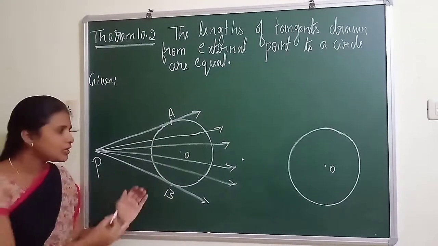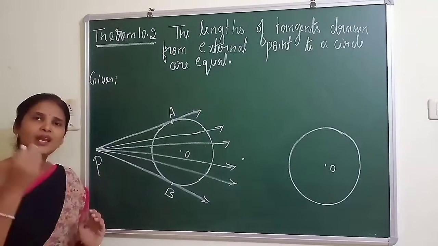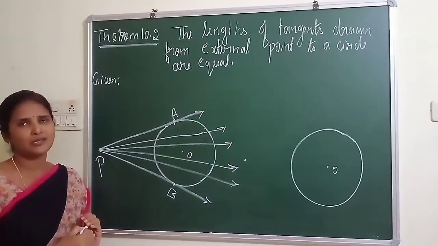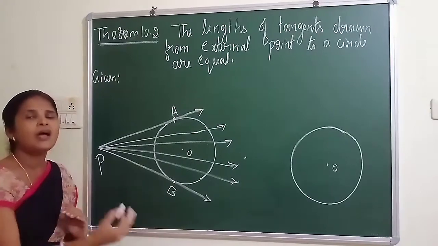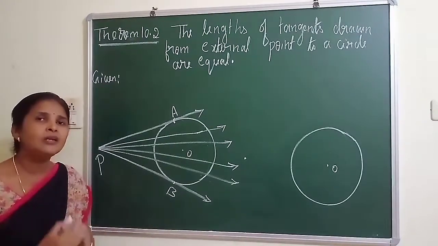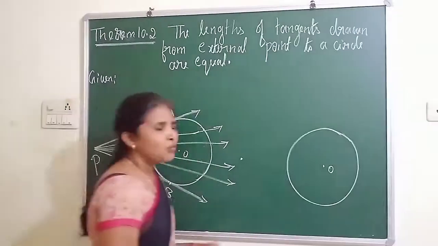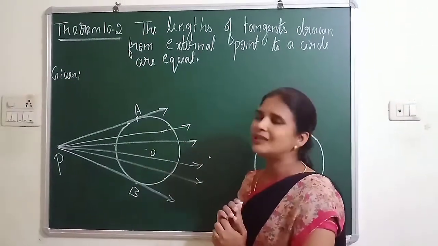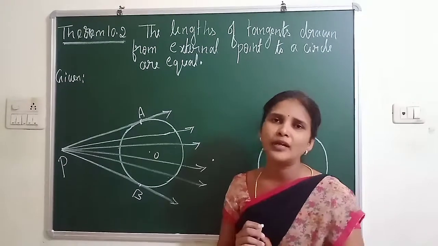So I can conclude with a small activity that from an external point to a circle, I can draw exactly 2 tangents. Now, one more activity. Try to understand and correlate it to the statement of theorem 10.2.